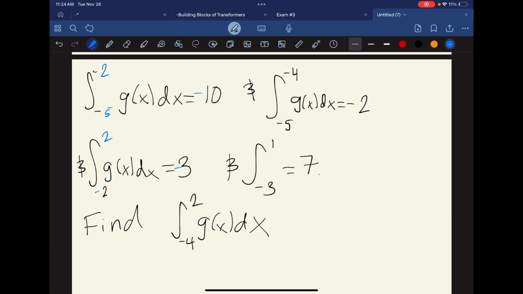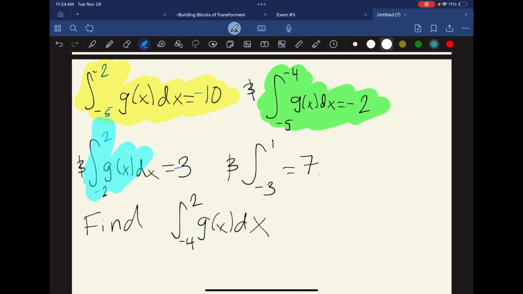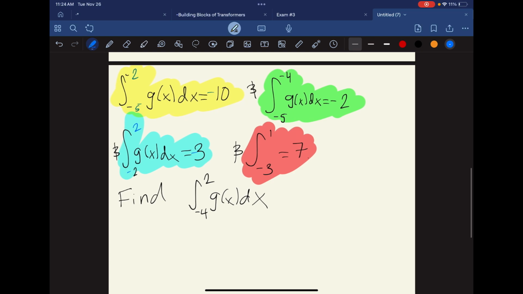Okay, so you can kind of start anywhere. Honestly, I will choose to start with this term. Here, again, I'll color code them. Okay, so if we start with our yellow integral, we've got -5 to -2, and we're looking to get from -4 to 2.